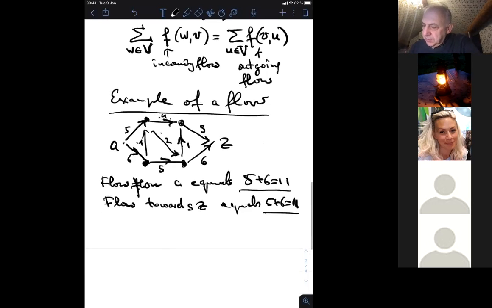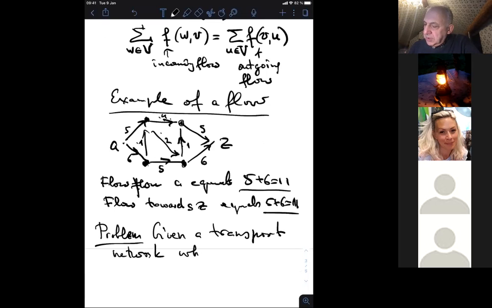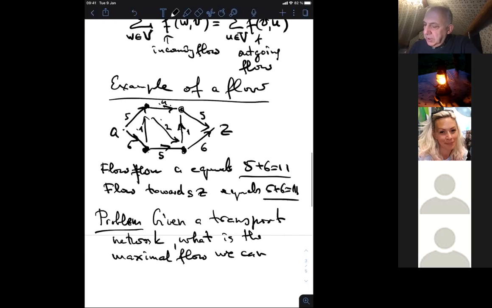So let me put this problem. Given a transport network, what is the maximal flow we can achieve, and how? I have to define what we mean by that, but it's fairly obvious.